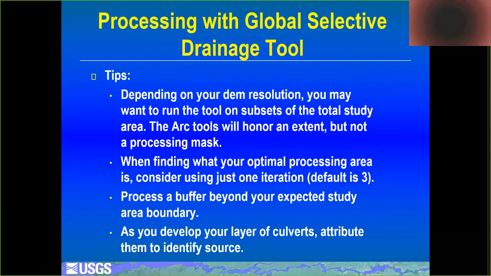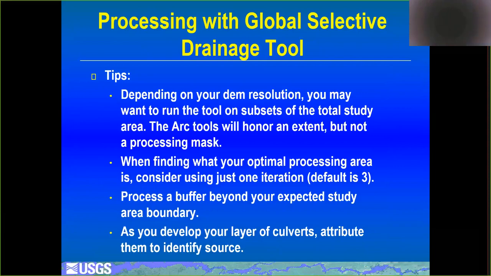You can do a little bit of playing around to find out what your optimal processing area is, and while you're doing that, I'd suggest having it just do one iteration until you've honed in on what size is going to complete in a reasonable amount of time. I'd also suggest including in your DEM an area beyond what you expect the study area boundary to be.